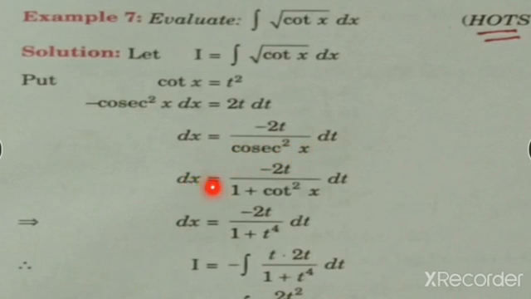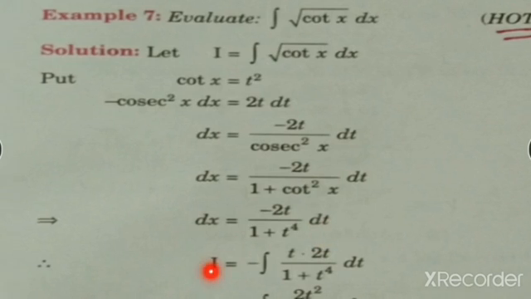Here dx is equal to minus 2t upon cosec square x, where cosec square x means 1 plus cot square x, dt. Dx is equal to minus 2t upon 1 plus, see cot x is equal to t square, so cot square x means t raised to 4, dt.